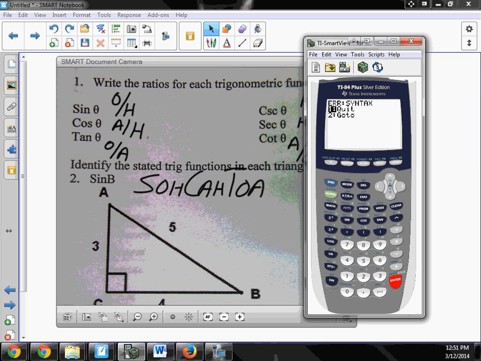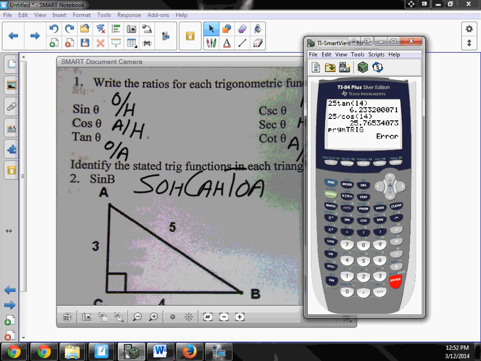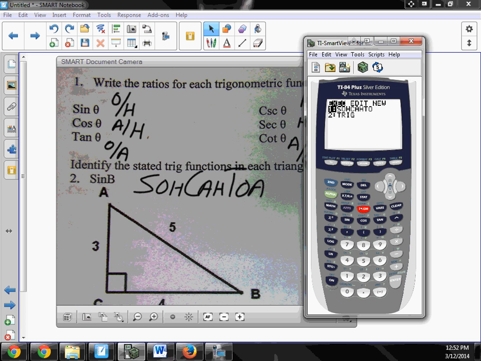We don't want to use it as a program. We just want to be able to view what we put in there. Well, you'd need to understand the programming language, but yes, you could. So push program, and then I'm going to go over to edit. I want to edit my trig program, and there are my notes.